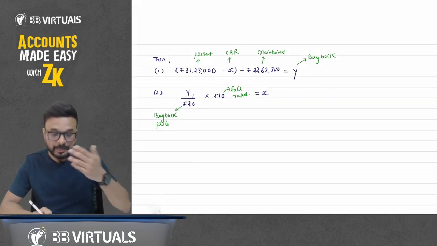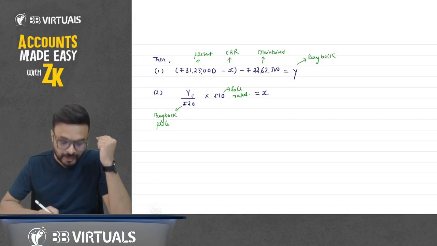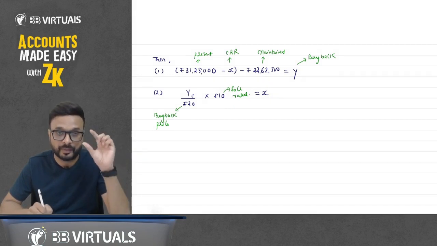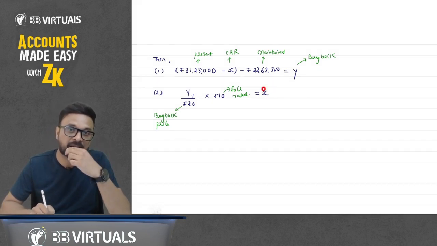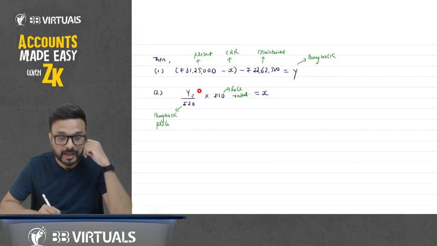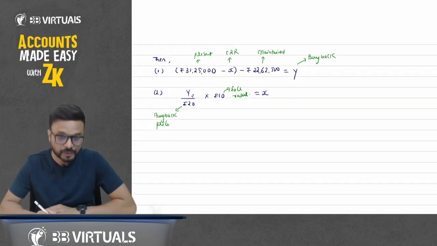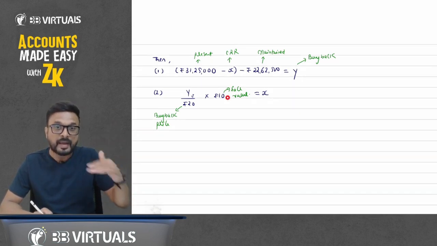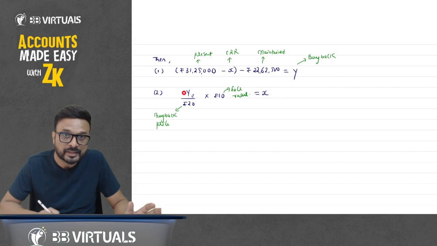Multiplying by face value gives the amount of CRR, which is X. I am repeating it: Y divided by rupees 20, the buyback price, multiplied by rupees 10, the face value, gives X, because when we transfer to CRR, we transfer face value.